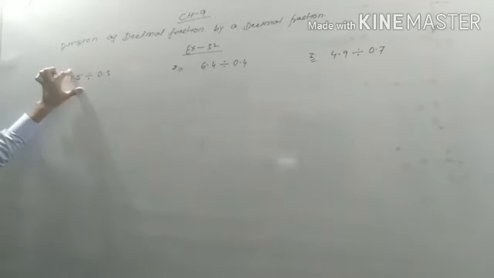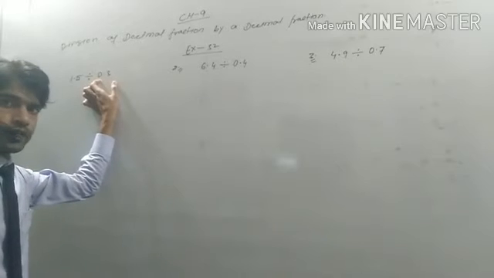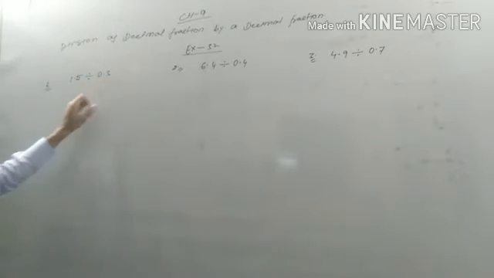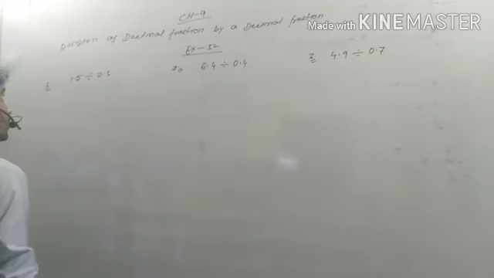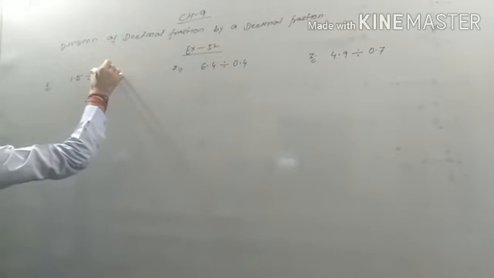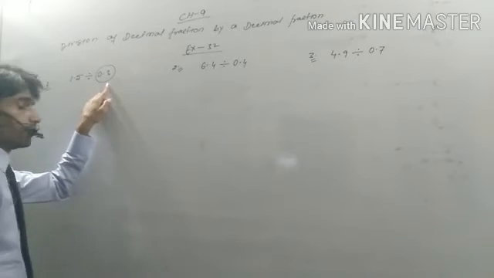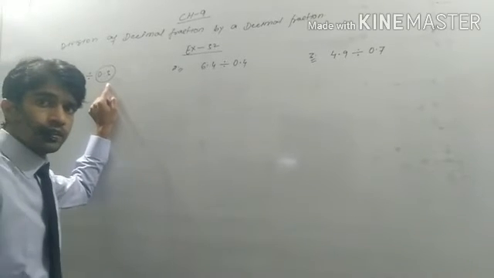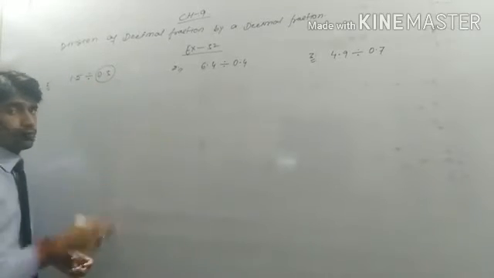So 1.5 is a decimal fraction and 0.3 is also a decimal fraction. Okay, so now before solving this question, first of all we have to change the divisor, and divisor is a decimal fraction, and change into a whole number by shifting the decimal.